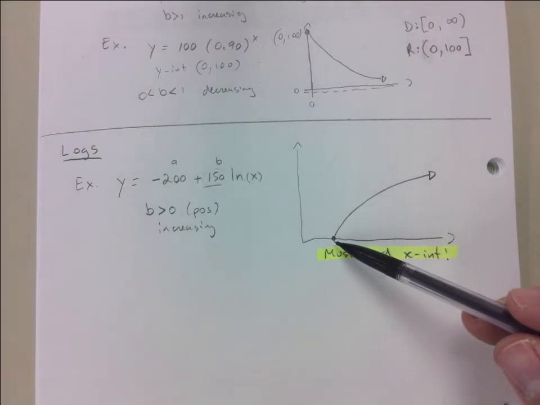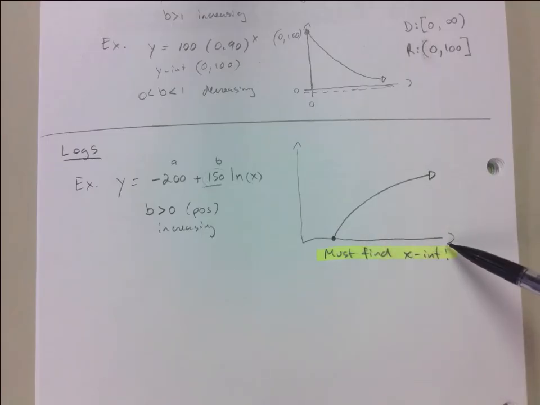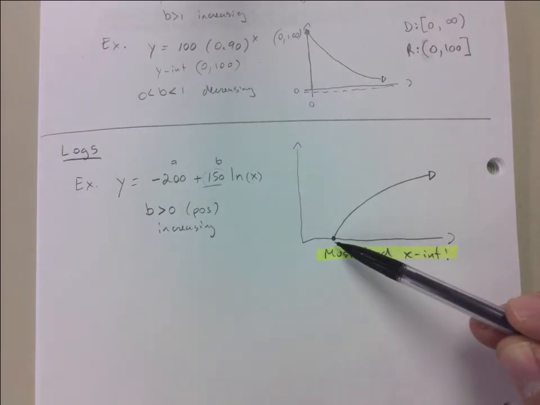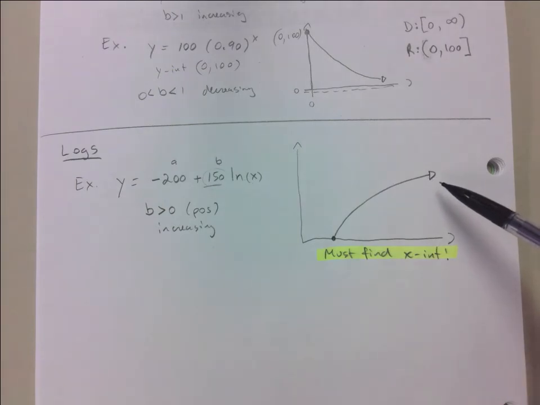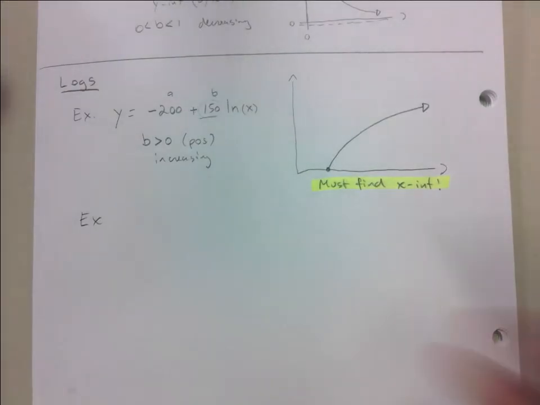And so if this is 100, let's say, then maybe your x-axis should go all the way to like 1,000 or 2,000 so that you can see that shape. So that's what I would say if it doesn't tell you where to stop. Another example, that this will be a decreasing example.